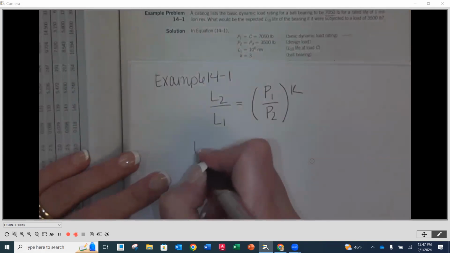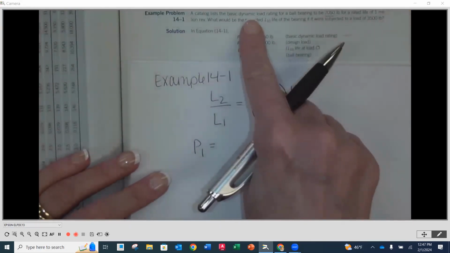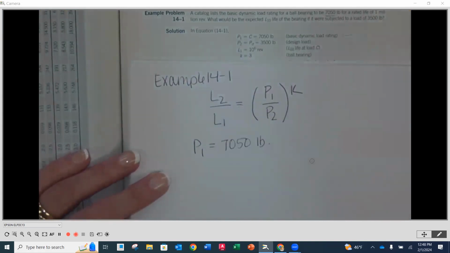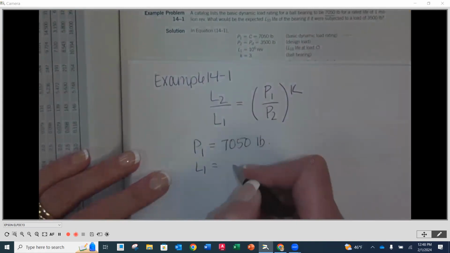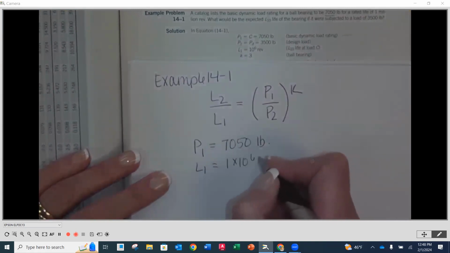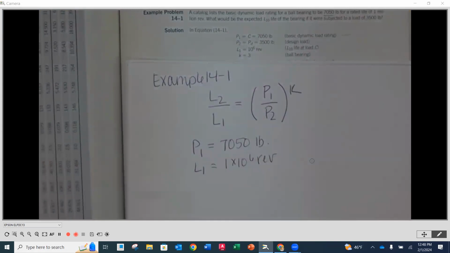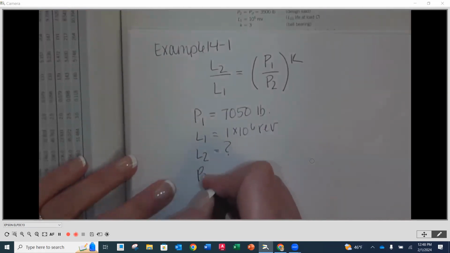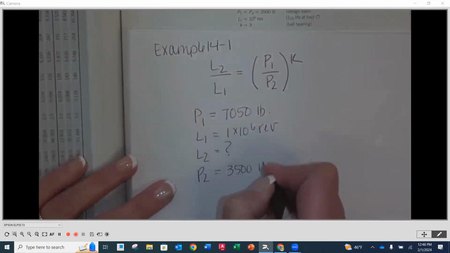So for instance, P1 is that dynamic load rating of 7,050 pounds, which means that our L1 is 1 million cycles. So we can say 1 times 10 to the 6th revolutions. I keep saying cycles, revolutions, which is a cycle of a bearing once around. That means that our L2 is our unknown, and our P2 is the 3,500 pounds.